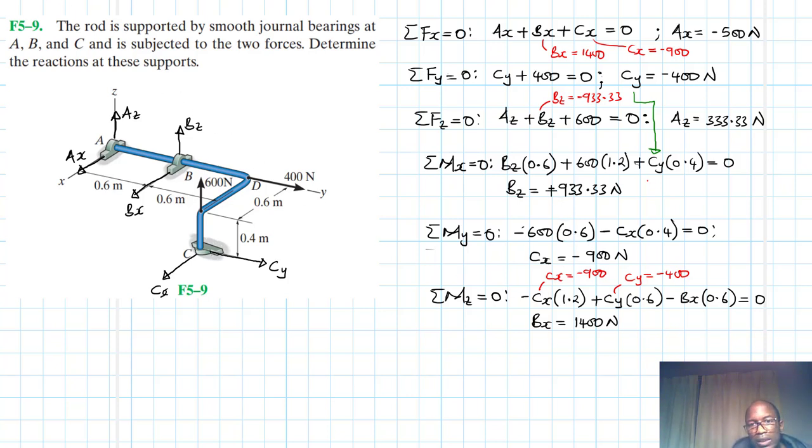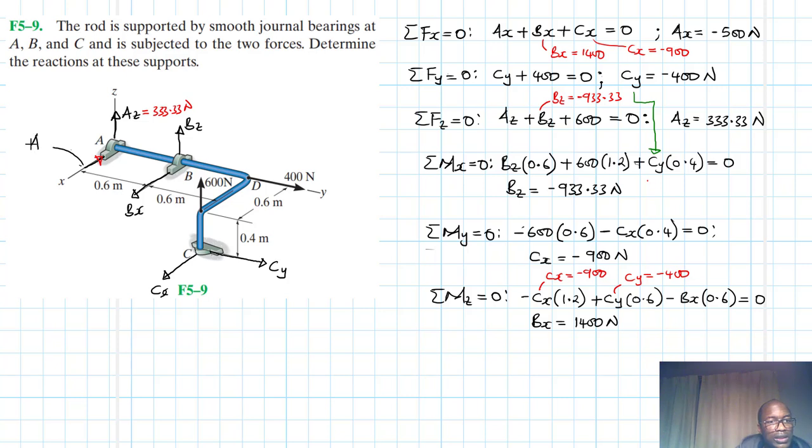So let's write these values. What is Az? Az is in the same direction, so this is equal to 333.33 newtons. Ax is minus 500, so the direction changes. Let's change the direction so it goes in instead.